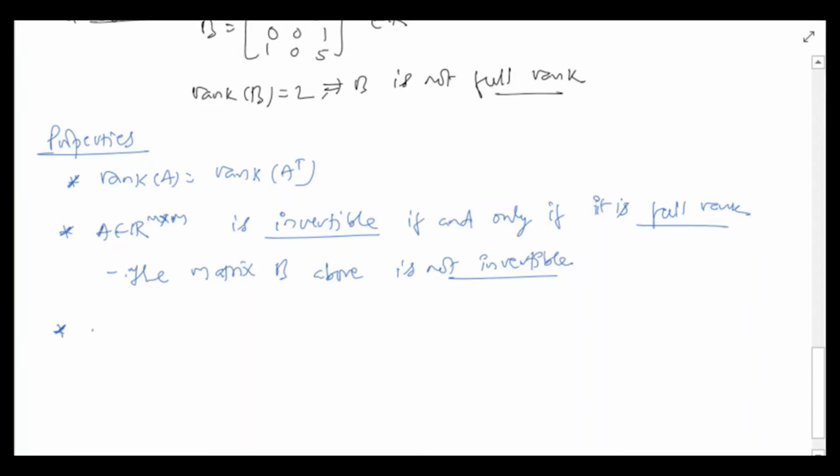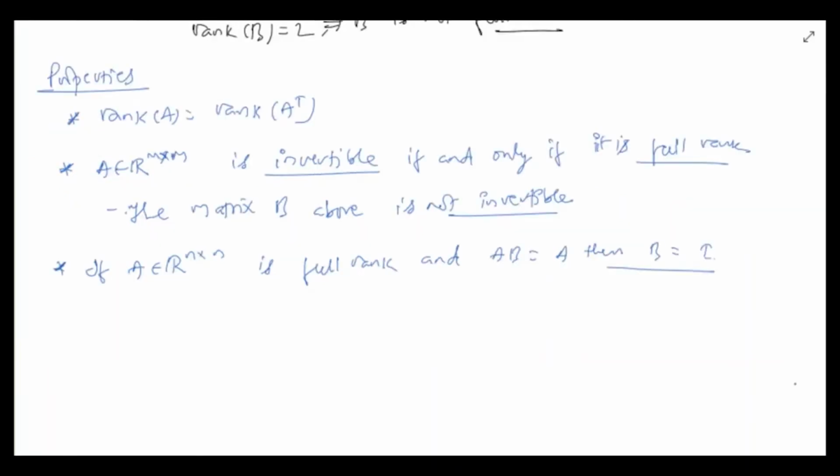So let's see what it is. If A, which is say n cross n, is full rank and A times B equals A, then B has to be identity matrix. B can't be any other matrix.